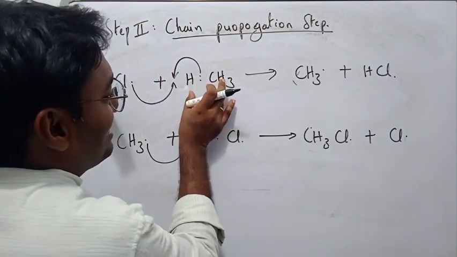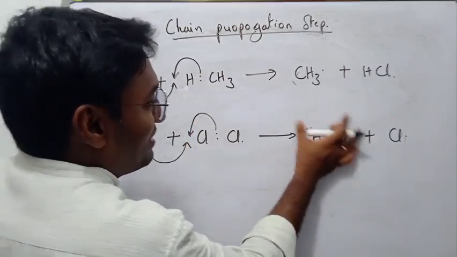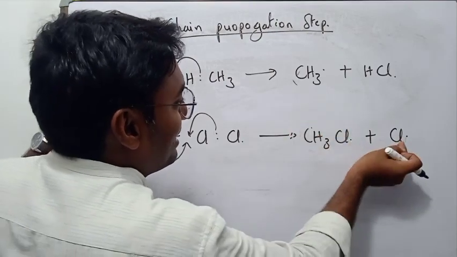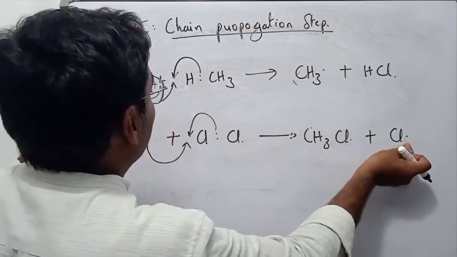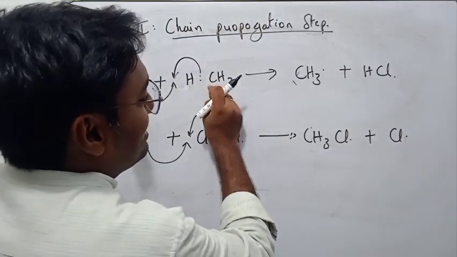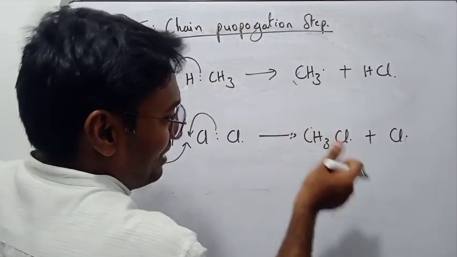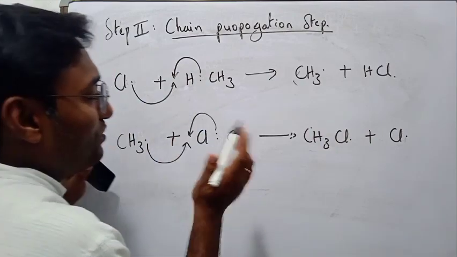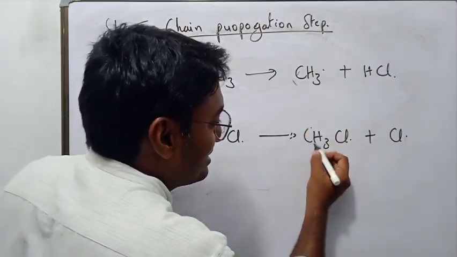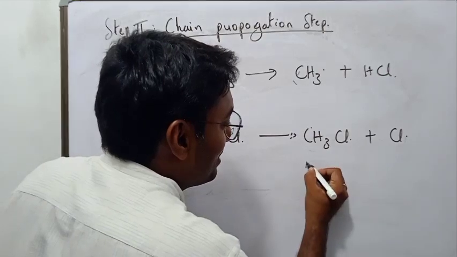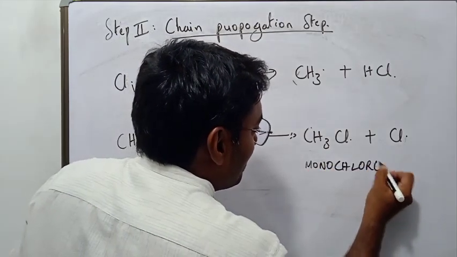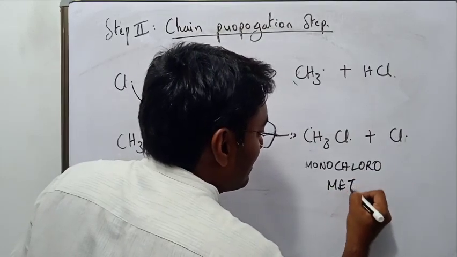When the concentration of methane becomes low and the concentration of monochloromethane becomes high, then the possibility of the Cl free radical, rather than attacking this, is that it would attack this more. Am I right? Yes. So we are going to see step 2 of the multi-step reaction. This is step 1. What we formed here is monochloromethane, right? I am writing that.